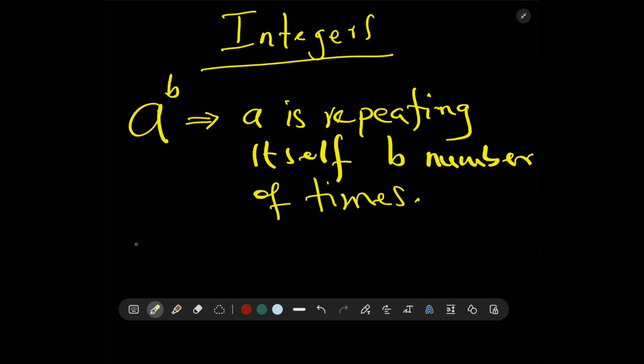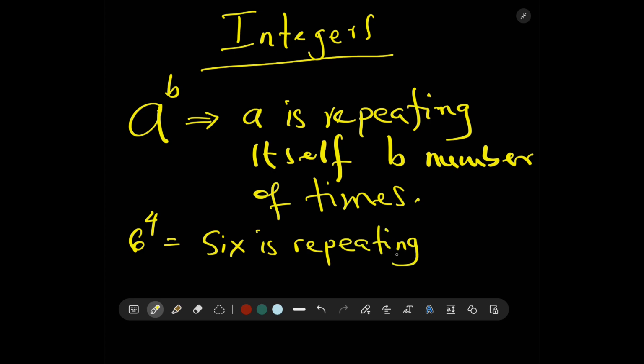So example again is, we have 6 raised to power 4. It means 6 is repeating itself 4 times.